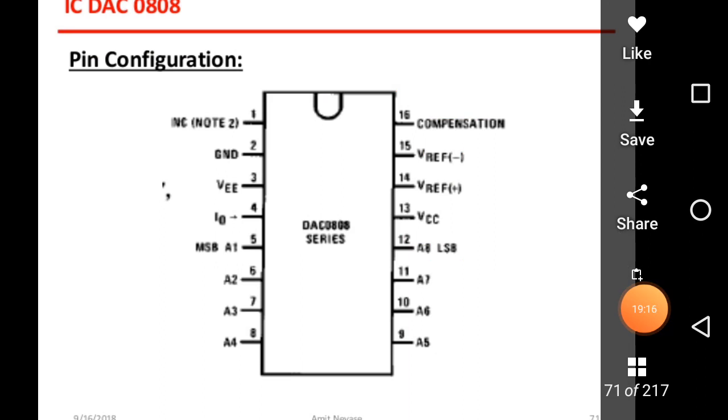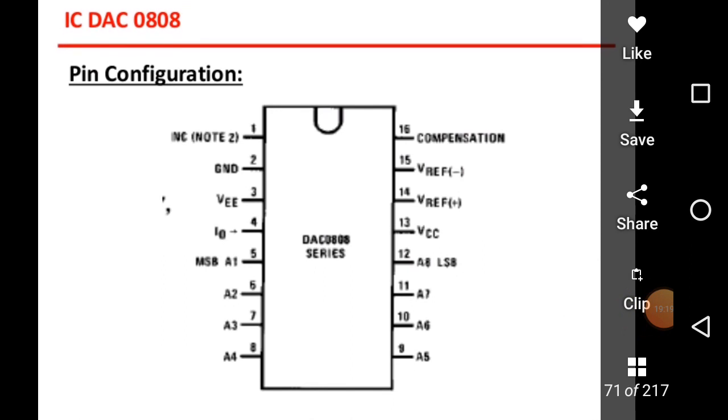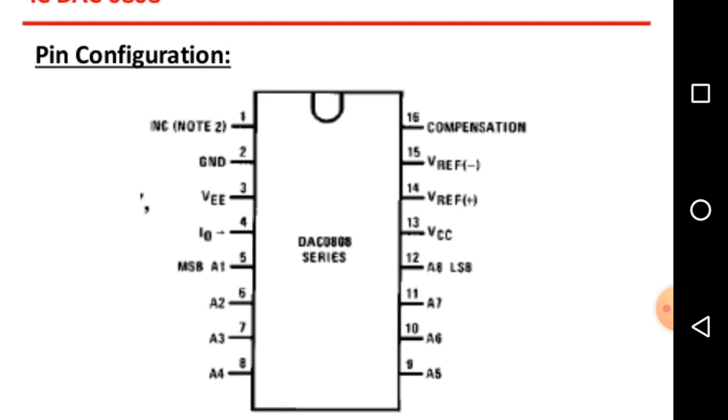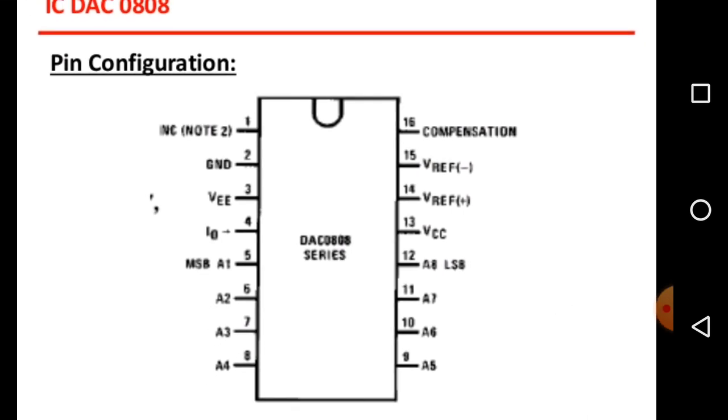In this slide, students, you can see the pin configuration of DAC 0808. Pin number 1 is not connected, that is NC. Pin number 2 is ground. Pin number 3 is VEE. Pin number 4 is I0. Pin number 5 is MSB A1.